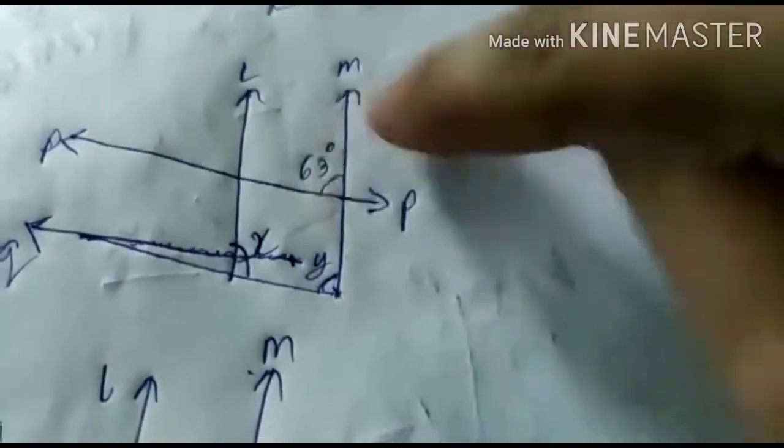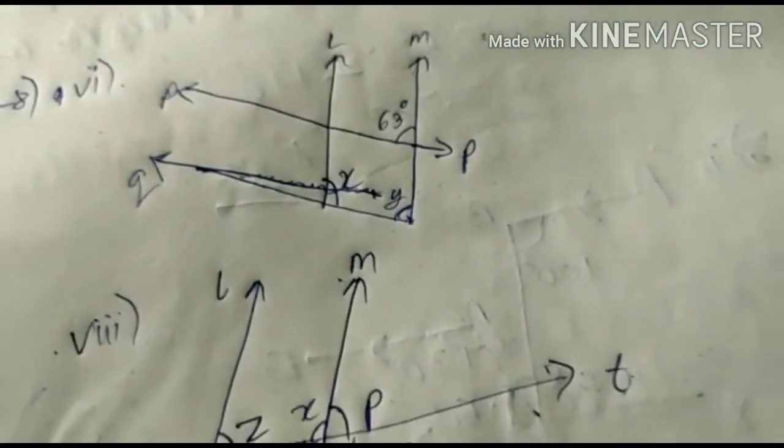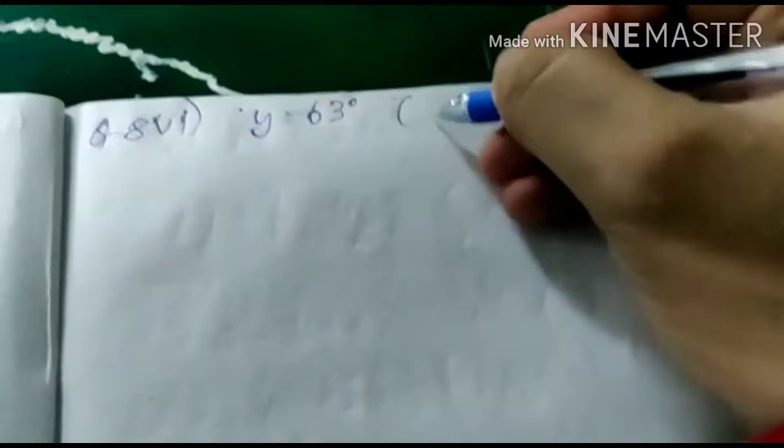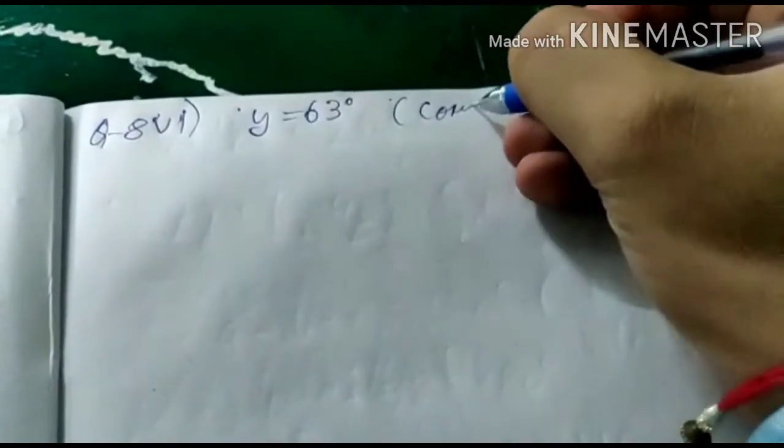So these are corresponding angles. So we can directly write in question number 8, fourth part, that here y is 63 degrees. How? It is a corresponding angle.